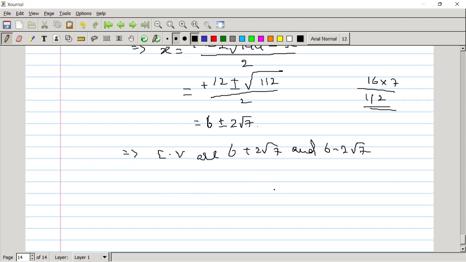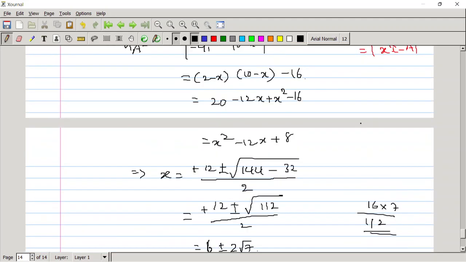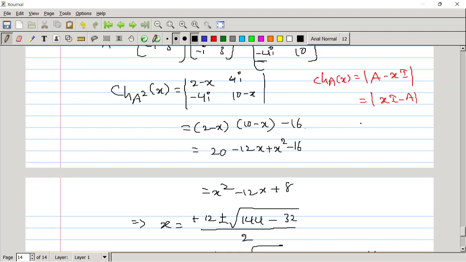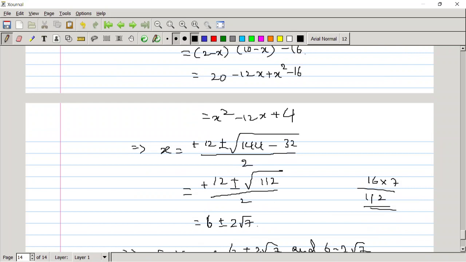Some mistake is there. Here it is 4, not 8. So it will become 4ac minus 16.